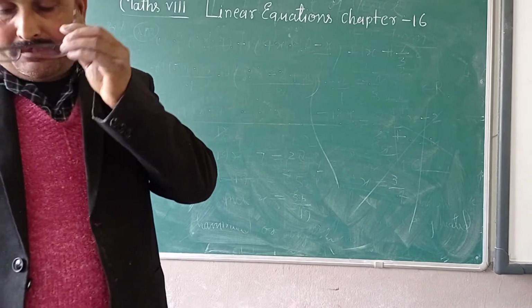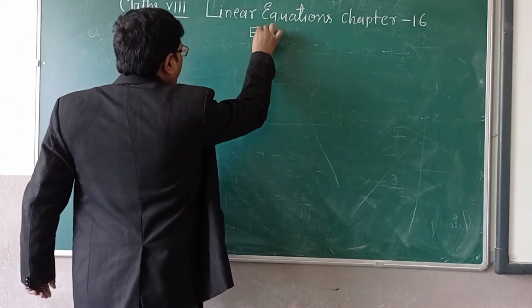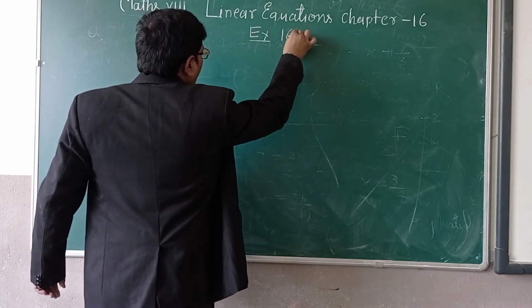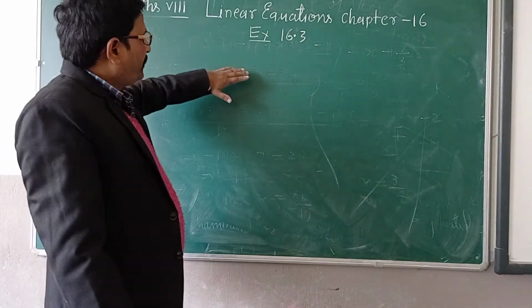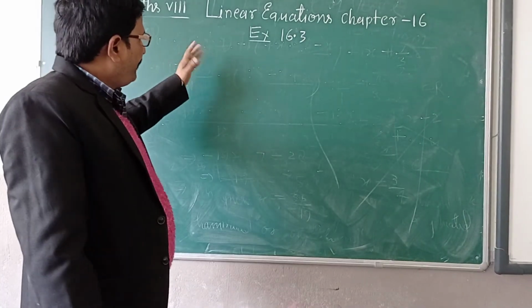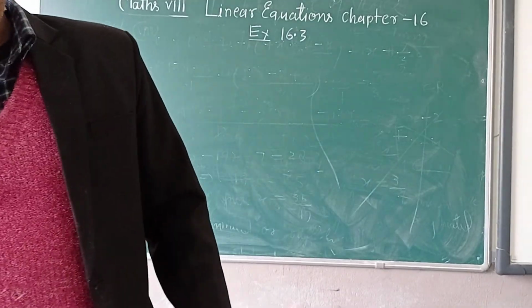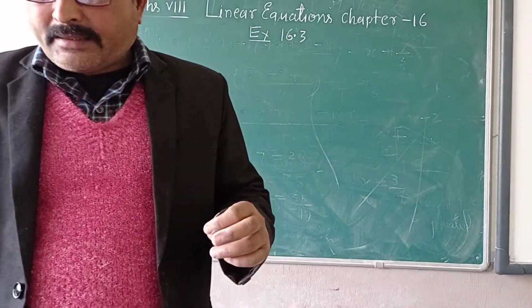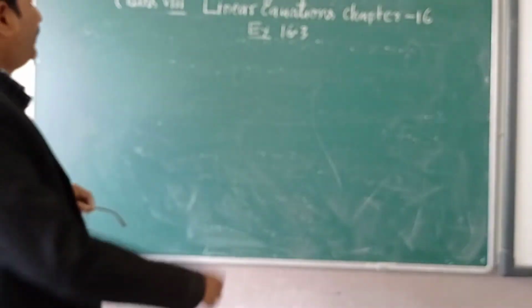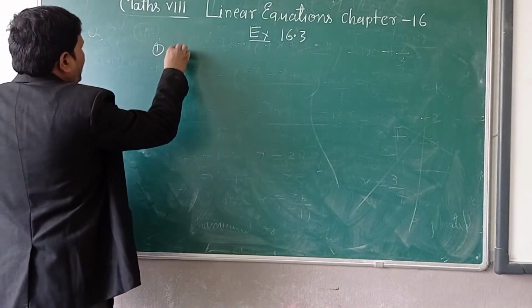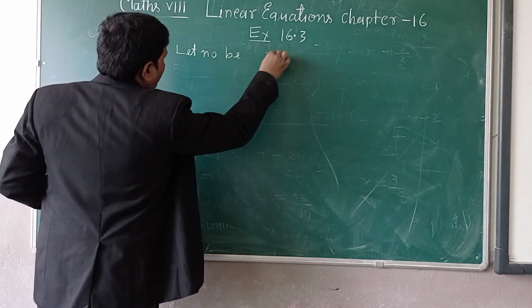Exercise 16.3. The statement is given, you have to write it in terms of variables and constants. First question: 9 added to 3 times a whole number gives 54. Let the number be x.